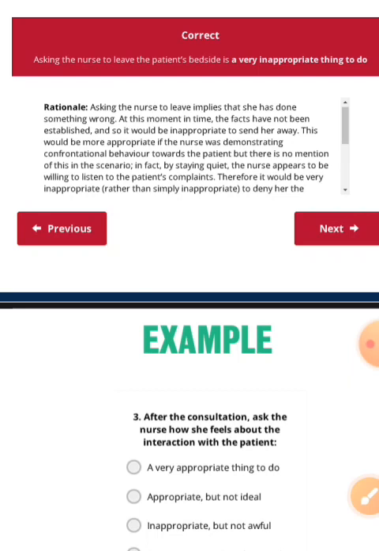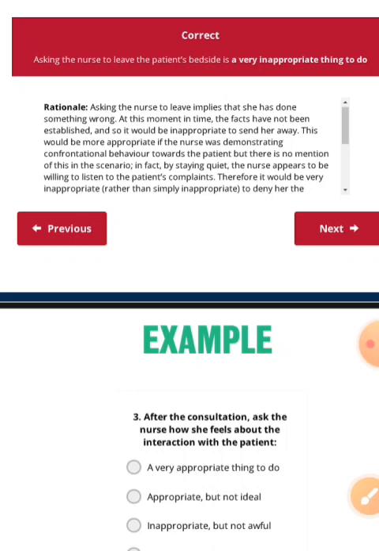This would be more appropriate if the nurse was demonstrating confrontational behavior toward the patient, but there is no mention of this in the scenario.